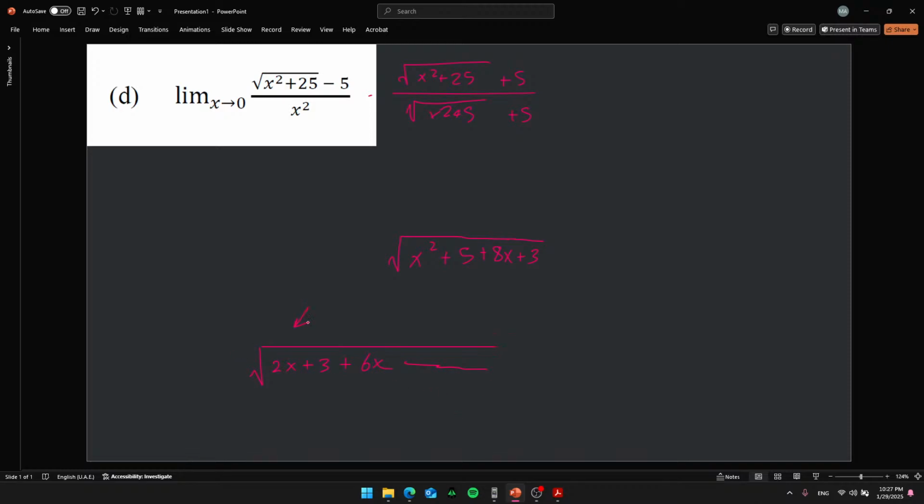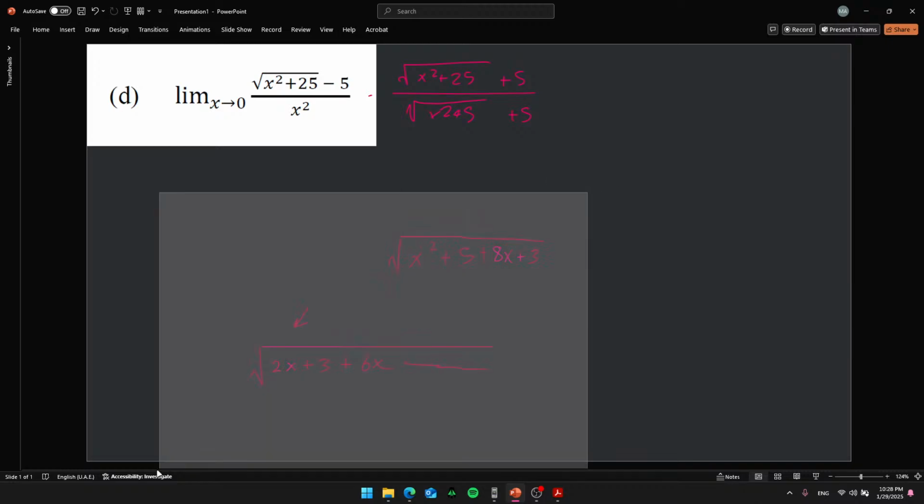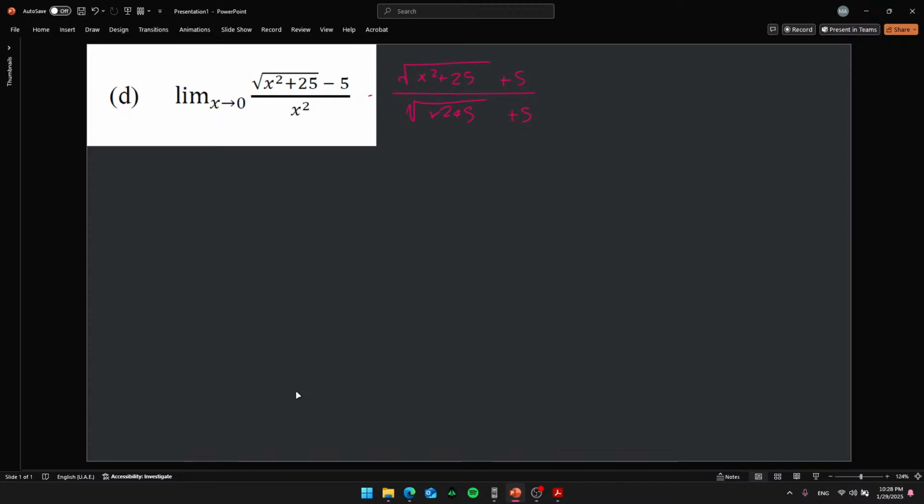That's the correct way, or the optimal way, of writing a radical. Okay, just a quick tip here.